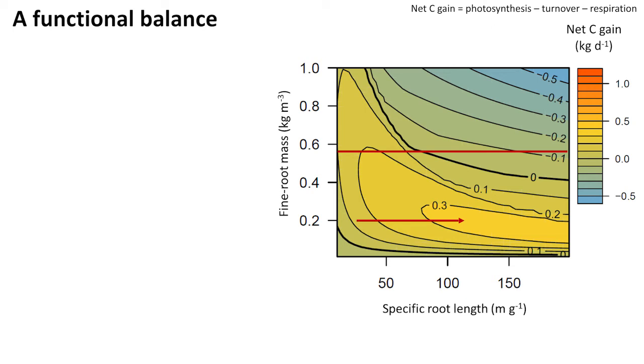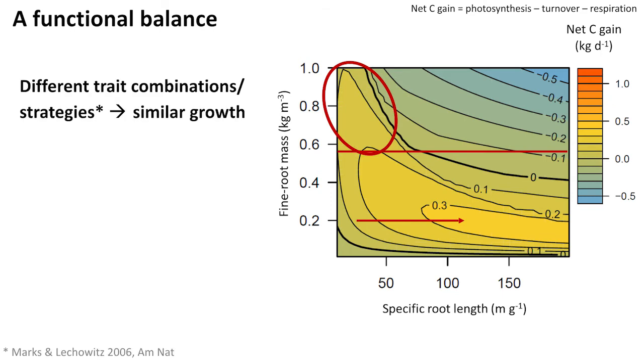But over here, the carbon balance is actually positive, and it was not in the first scenario. So this seems to indicate that different trait combinations or strategies, if you will, might lead to similar growth rates. So plants can either have few roots but with a high specific root length and have a large uptake area, but they can also have more roots that are thicker in order to reduce their turnover costs due to faster fine root turnover rates.